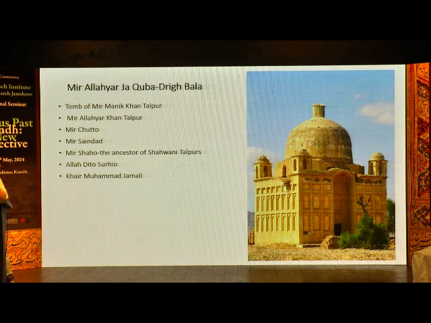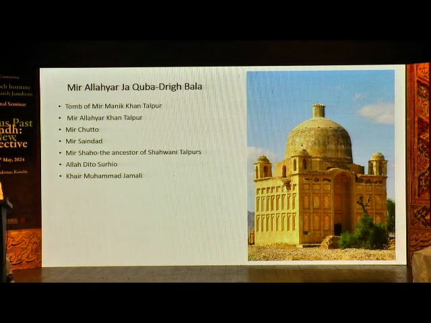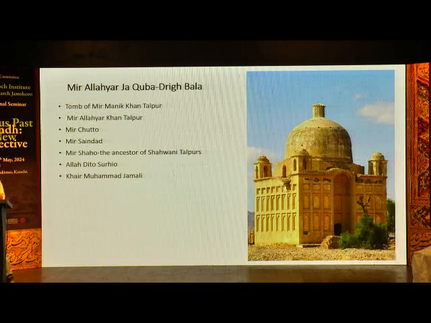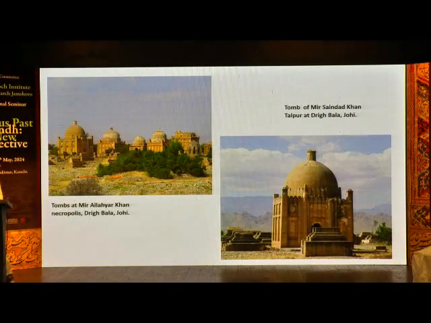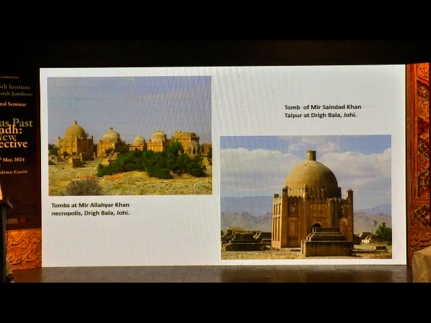Those who served the basically Talpurs, that include Allah Hadito Suryo and Khair Muhammad Jamali. The list is very extensive and long actually. So I wanted basically to introduce about these lesser known monuments of Manikani Talpurs. Although we know about Chitori and Drigbala, but not about others. So these are another view of Drigbala graveyard.